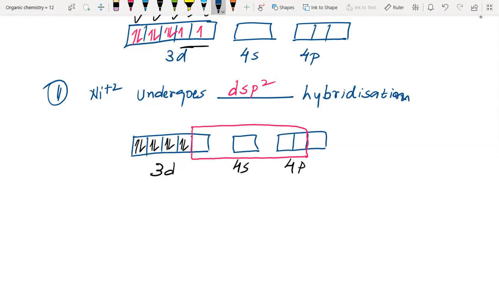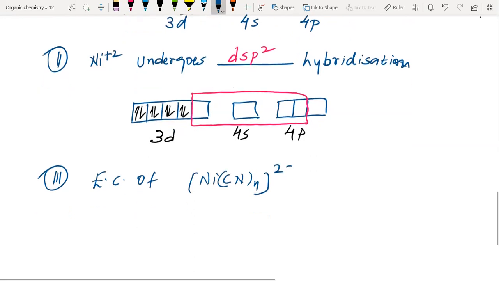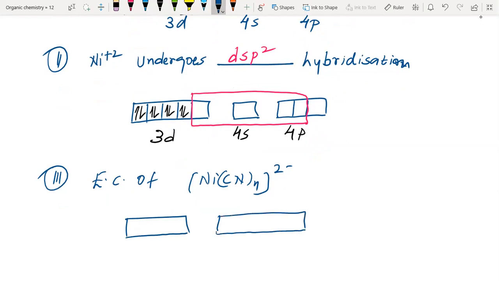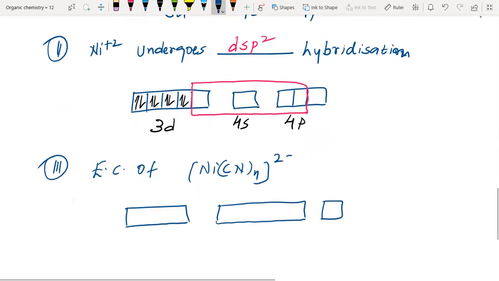Now the next point, how will we write it? That is the electronic configuration of the tetracyanonickelate 2 ion. We can represent it this way. See, the 3d orbitals we will write, and here we'll write the dsp2 orbitals, and this one empty orbital.